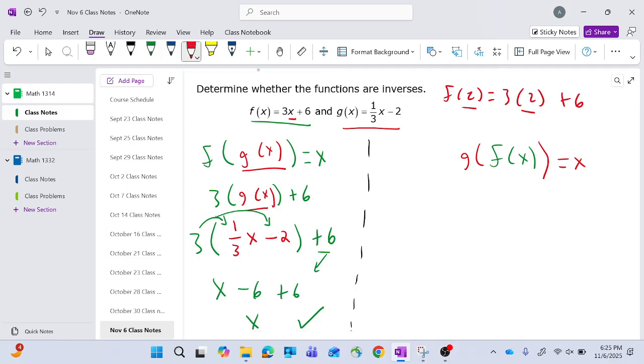All right, so g of x now, that's 1/3 x minus 2. So for g of f of x, we're going to take the g of x function and replace the x with f of x. f of x, we know what that is, 3x plus 6.